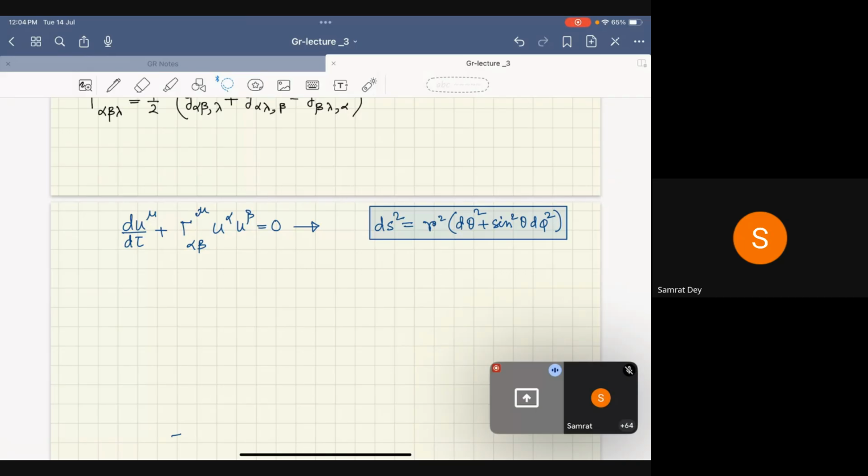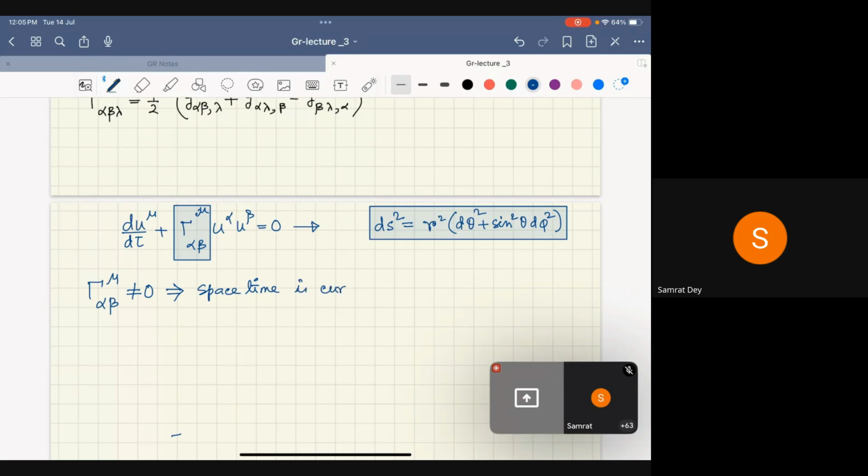Now, if you calculate the Christoffel symbols for this metric, you will find that the Christoffel symbols are non-zero. And these Christoffel symbols being non-zero, therefore, does not necessarily mean that you are in a flat space-time. So, gamma mu alpha beta non-zero does not mean that my space-time is effectively curved.